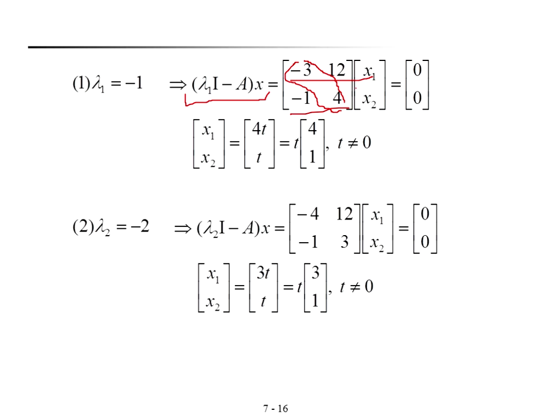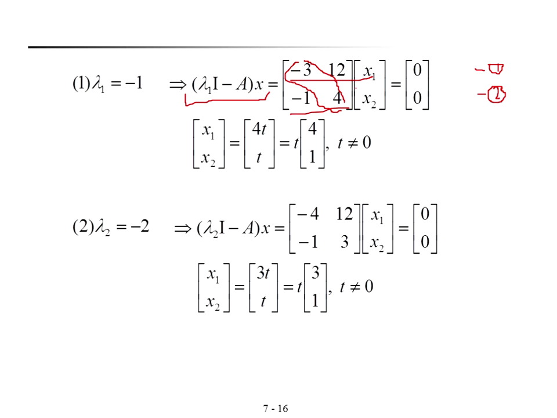And second equation, minus x1 plus 4x2 is equal to 0. There are two equations. Just note that there are two equations.